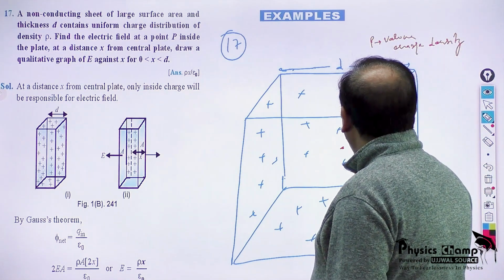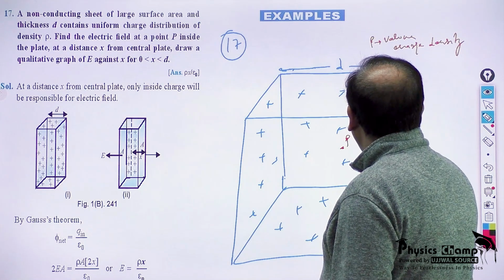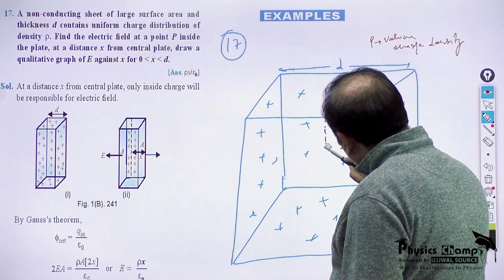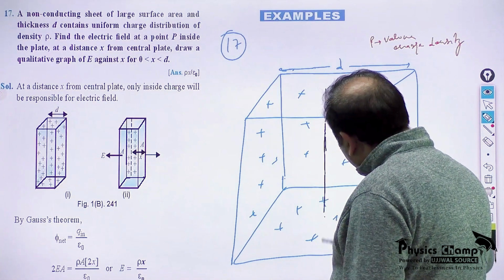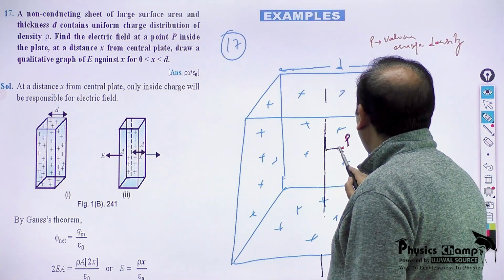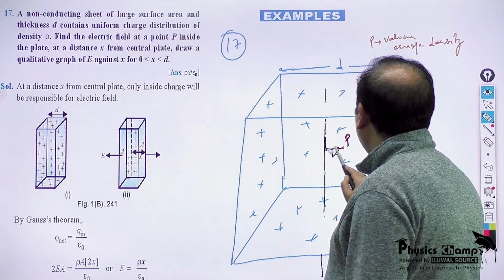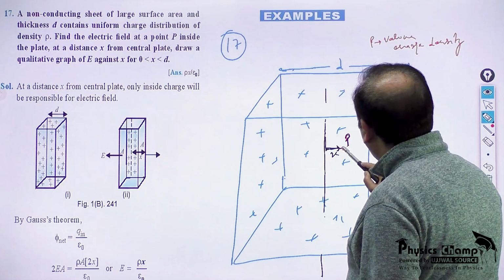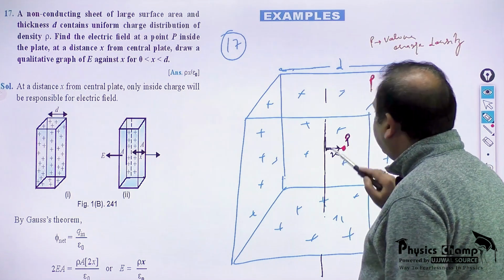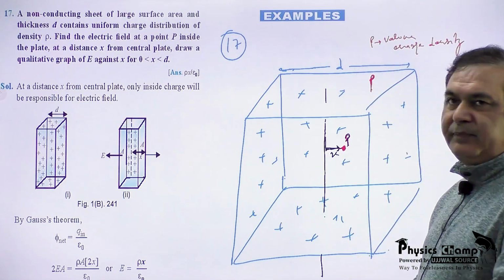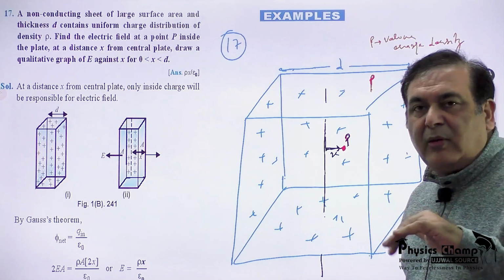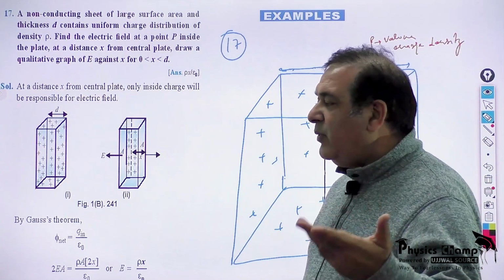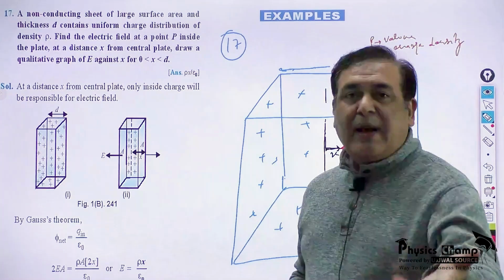Somewhere at a point P you are looking for the electric field, at a distance x from the center, where x is less than d. So if I am interested in finding the electric field at point P, which is at a distance x from the center, I should apply Gauss theorem, as we were finding the electric field using Gauss theorem in application cases.